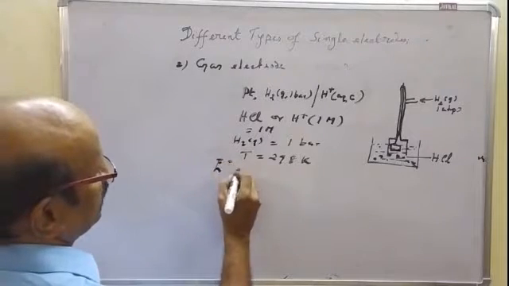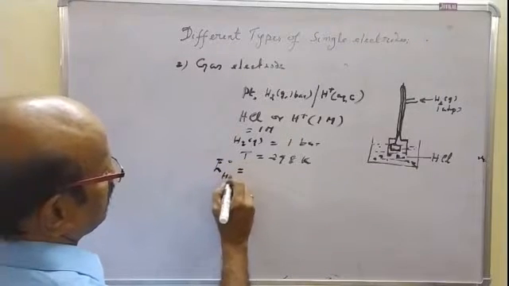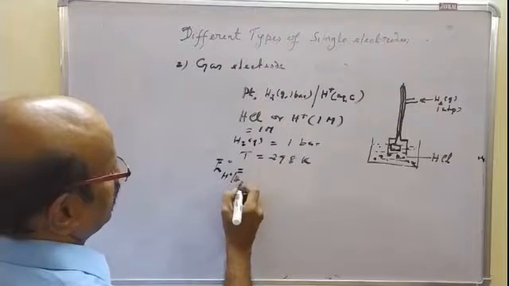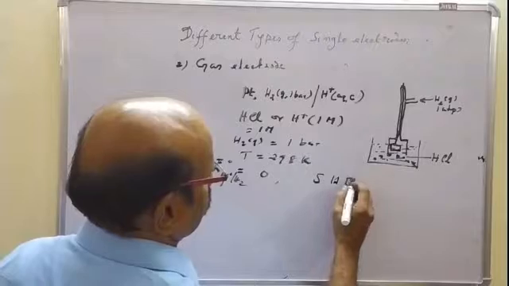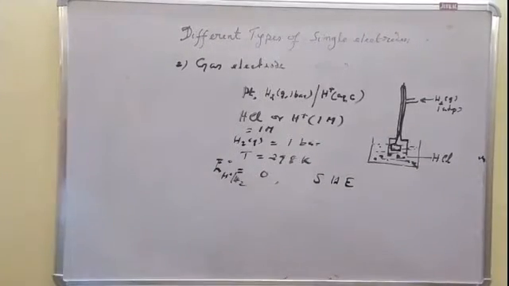Then E0 of H plus bar H2 is taken as 0, and that is called a standard hydrogen electrode. So what is a standard hydrogen electrode?